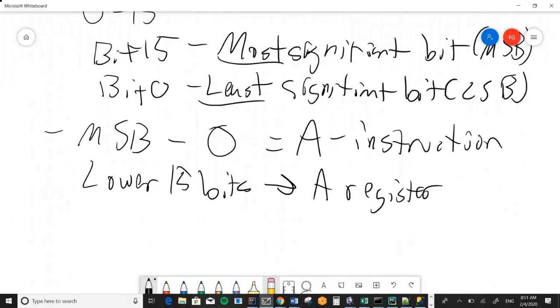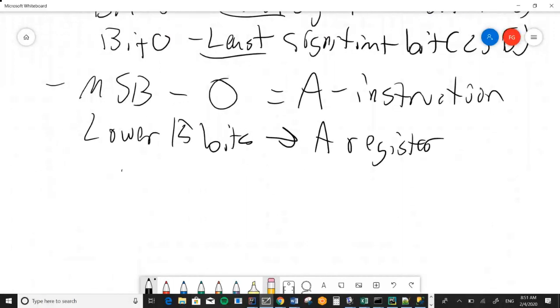In assembly language, this is denoted with an @ sign and a value: @value. That means take the value and stuff it in the A register.